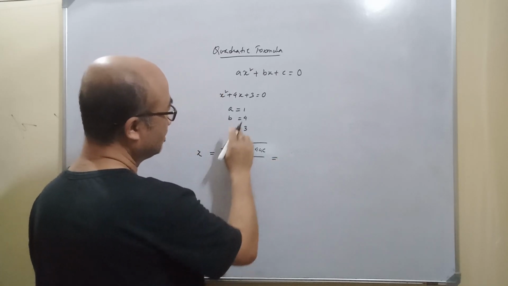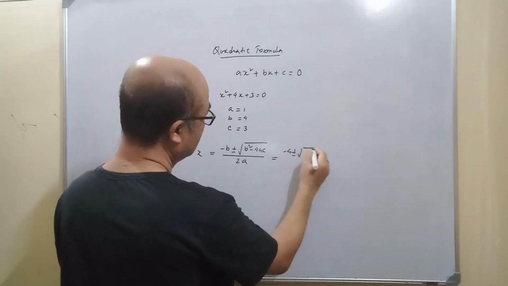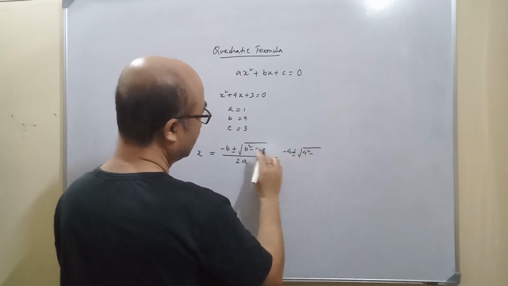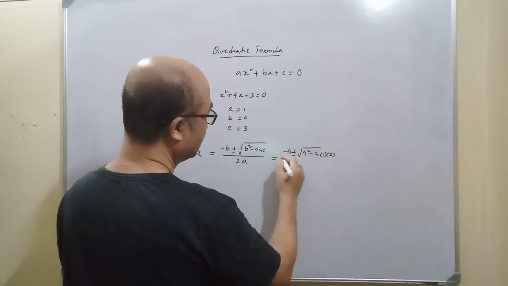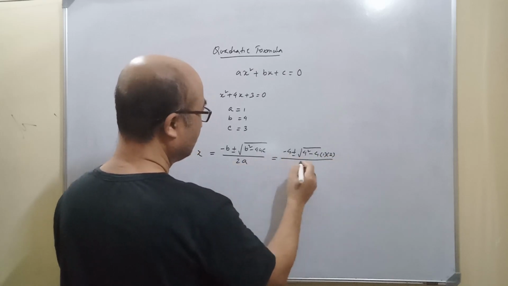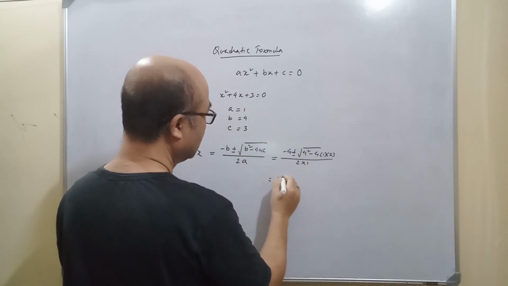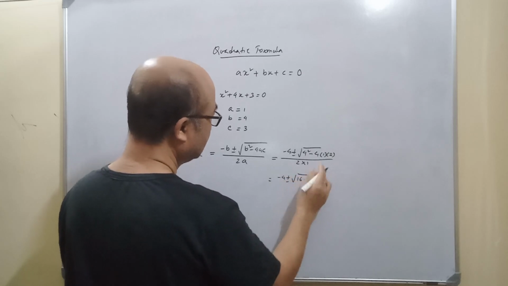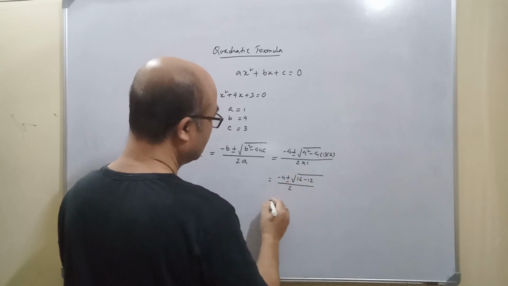First one is minus b. What is minus b? It is minus 4 plus minus root over b square. What is b square? 4 square, minus 4ac. What is a? 1. What is c? 3, divided by 2a. 2 into a, 1. So it is minus 4 plus minus square root of 16 minus 12, divided by 2.